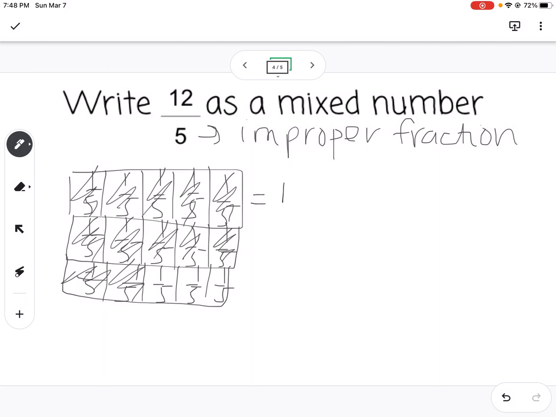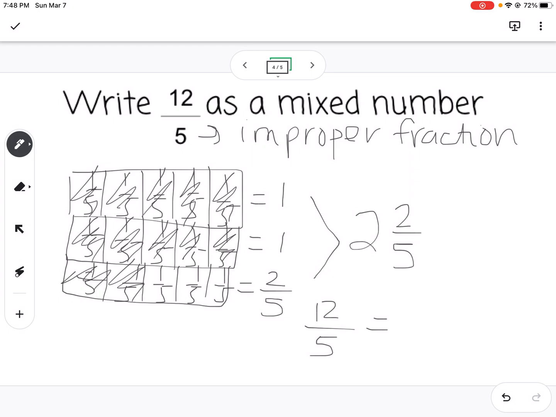So again, I see one whole here, another whole here, and here I see 2/5 shaded. So when I add these up all together, I see 2 wholes and then 2/5. So 12/5 as a mixed number is 2 and 2/5.